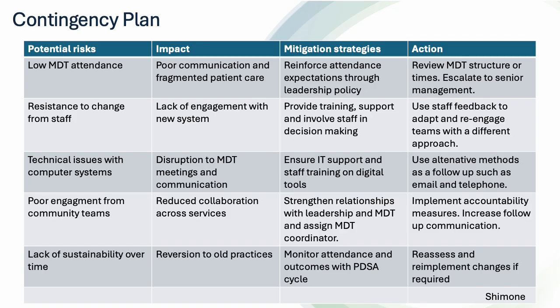This approach aligns with the World Health Organization, which emphasises the importance of proactive risk management, strong communication, and system resilience to ensure safe and effective patient care. Overall, the contingency plan supports the sustainability of the change by preparing for any challenges that may be anticipated and managing them effectively, helping to maintain consistent MDT communication and improve patient outcomes.